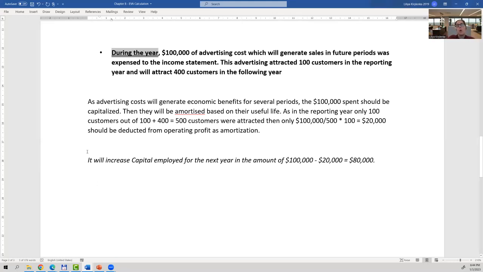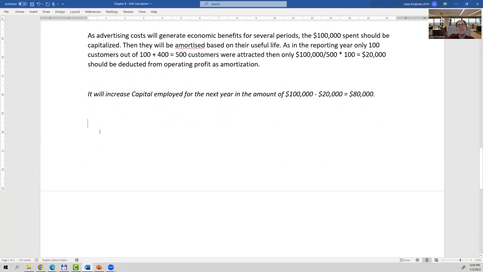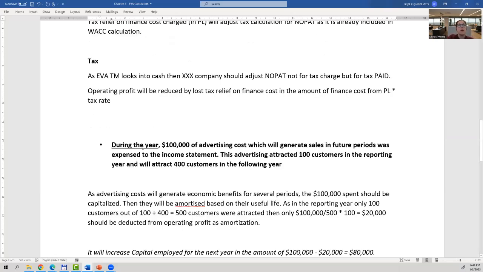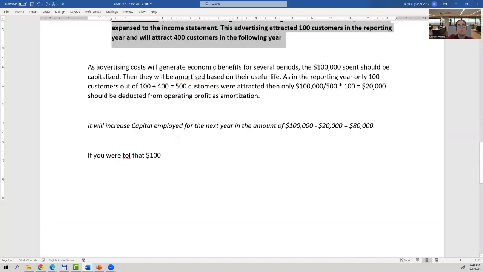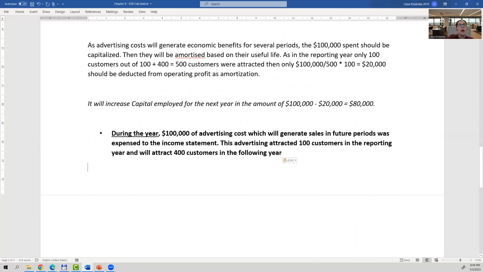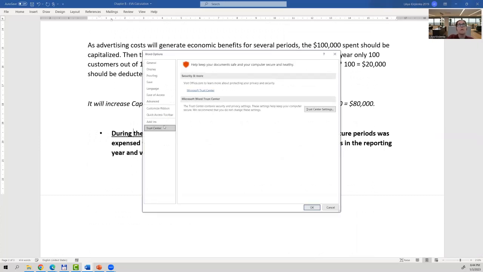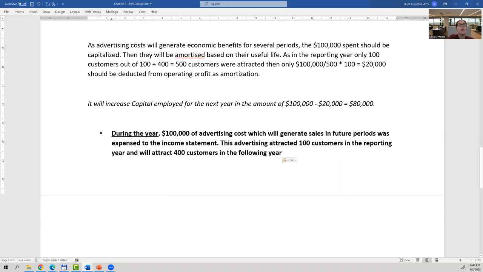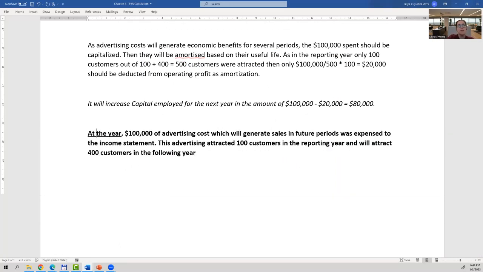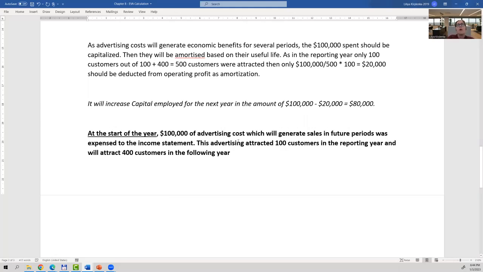But if you are told that the expense happened at the start of the year, let me rewrite that: at the start of the year, 100,000 of advertising cost, which will generate sales in future periods, was expensed to the income statement.